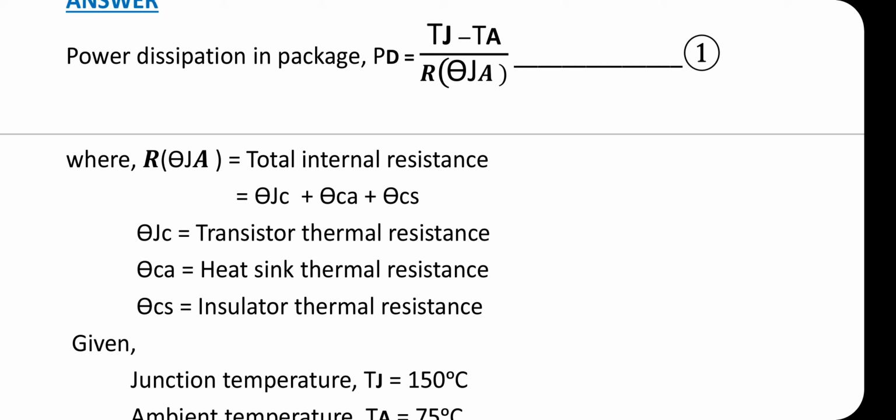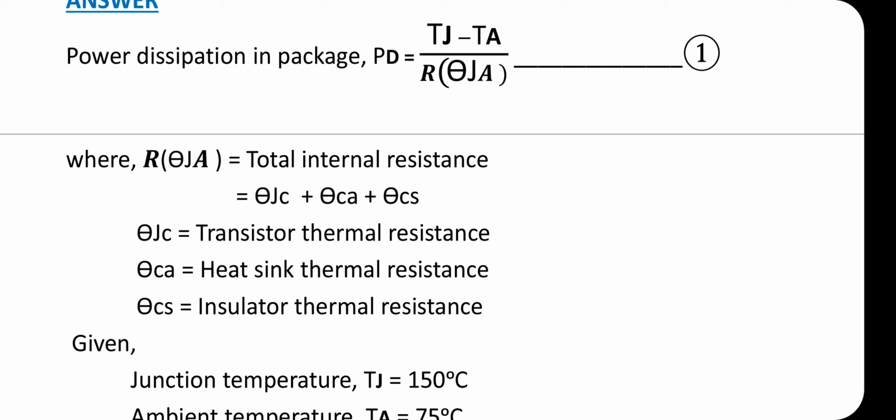Which is the combination of theta Jc plus theta Ca plus theta Cs, where theta Jc is the transistor thermal resistance, which is the reciprocal of conductance. SI unit of transistor thermal resistance is degree Kelvin per watt or degree Celsius per watt.